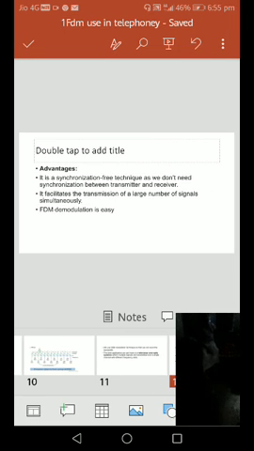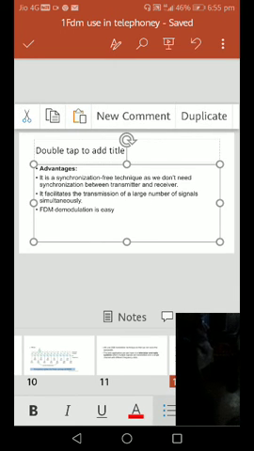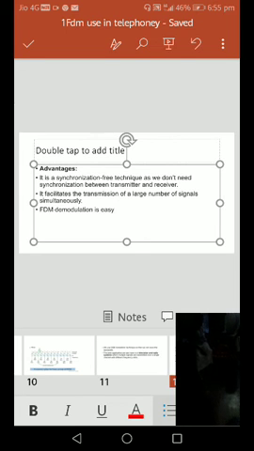Then we go to the advantages of frequency division multiplexing. It is a synchronization-free technique, as we do not need synchronization between the transmitter and receiver.